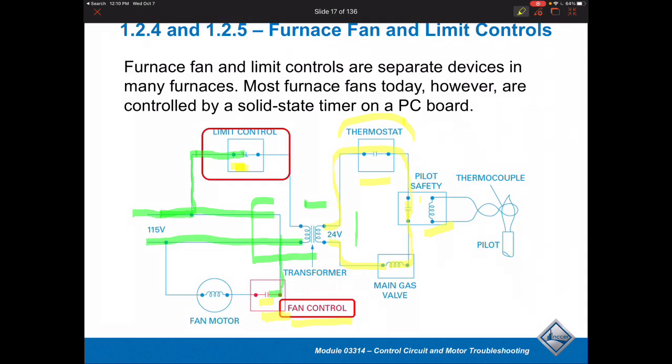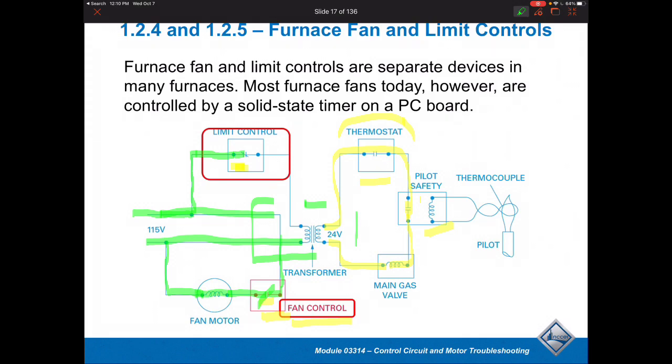After a certain amount of time, where it's allowed to warm up, we would allow that set of contacts to close, and that would allow voltage directly to have that circuit be completed. So we would allow the fan motor to be functioning appropriately, and everything would be working correctly. And that's what you would expect.